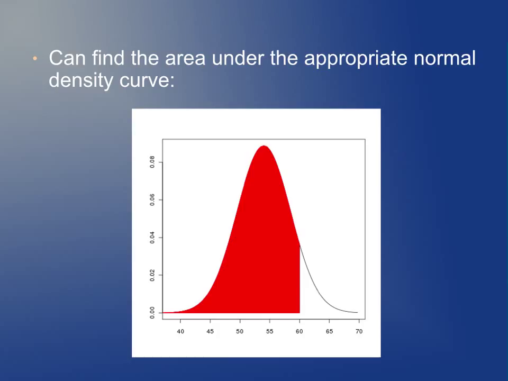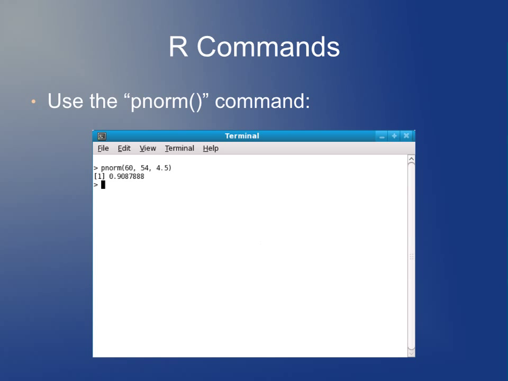The graph on this page is the density curve for this population of fish. For the probability that a given fish is less than 60 millimeters, you would find the area of the curve under 60 millimeters. You would do that using integration, but that would be a painful integral to calculate by hand. Luckily, it's easy in R.